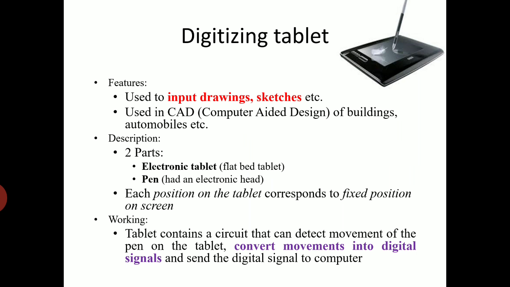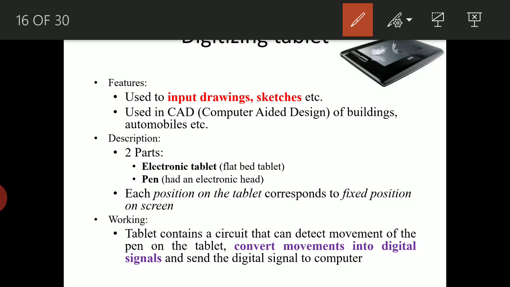Next is digitizing tablet. You can see a digitizing tablet has two parts. One is this electronic tablet part. The other one is the pen. It's mainly used for inputting drawings and sketches.